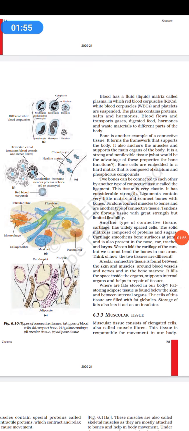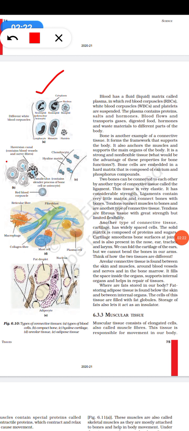The next example is bone. You saw the different things in the blood. Now if we say we have bone, what can we see? Bone forms a framework that supports the body, and it also anchors the muscles and supports the main organs of the body.